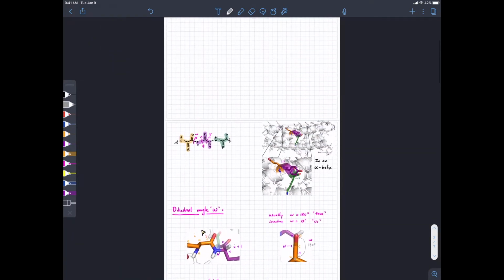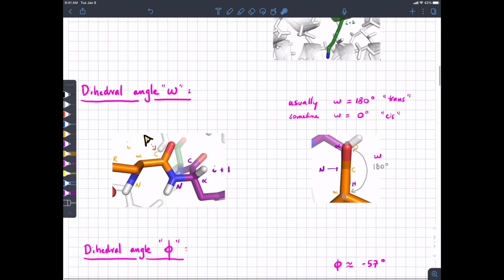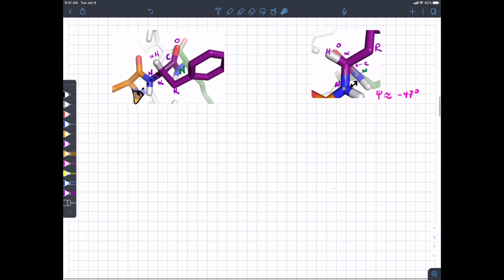Anyway, if we look now at this section back in the alpha helix, and if we go through that process and measure all those dihedral angles in the way that we did for the purple amino acid, an interesting pattern emerges.